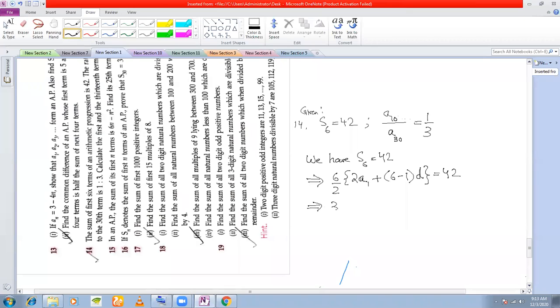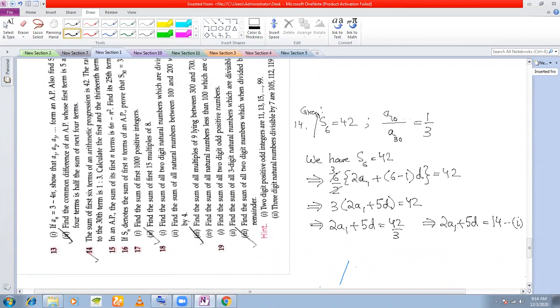That means 3, can cancel this here. 3 times twice A1 plus 5D is equal to 42. That means twice A1 plus 5D is equal to 42 by 3. That means what are you getting? Twice A1 plus 5D is equal to 14. You call this equation number 1.